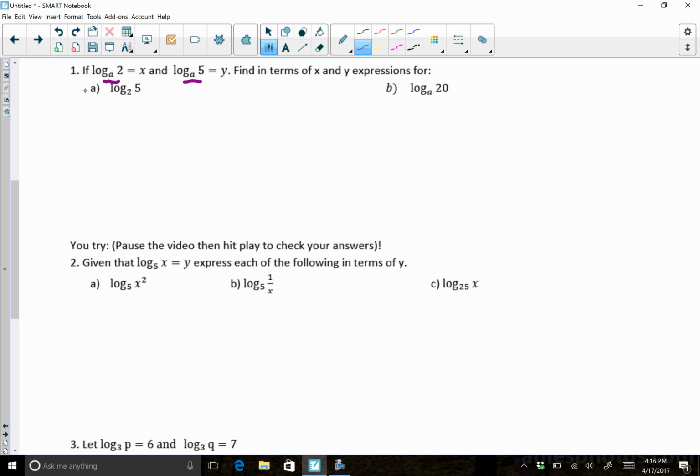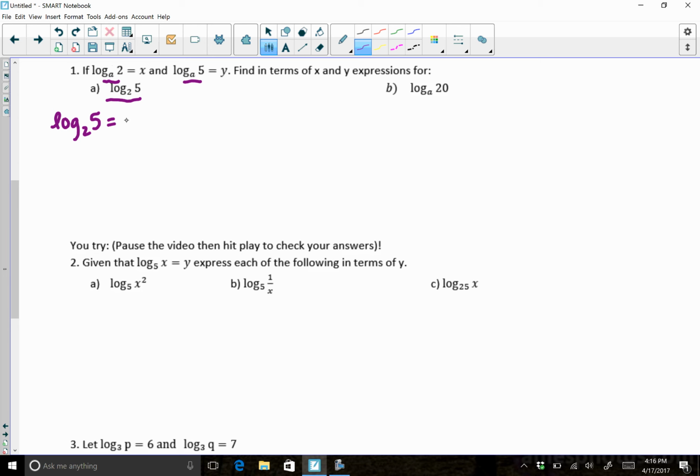Now in part A, they want us to simplify log base 2 of 5. So they changed the base on us a little bit. What I want to do is rewrite this log base 2 of 5 to a new base a, because if I can rewrite it with a log base of a, I can rewrite it in terms of x and y.